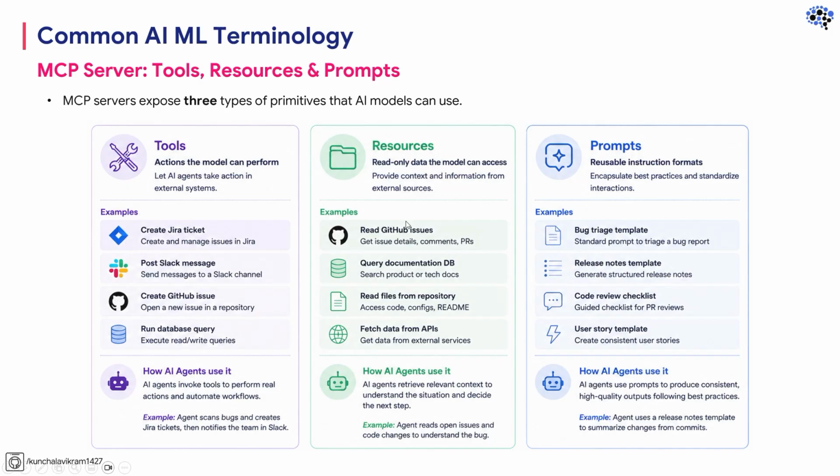If it is a tool, in order to get the list of issues, you need to run that particular call every time. But if it is a resource, once that resource is updated with the information of the GitHub issues, it can be reused without actually going through the tools, right?